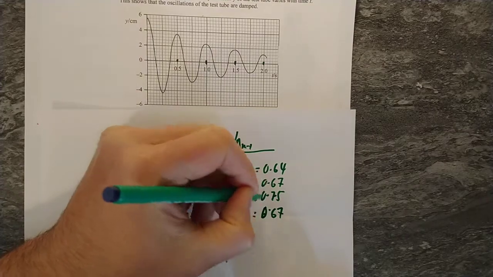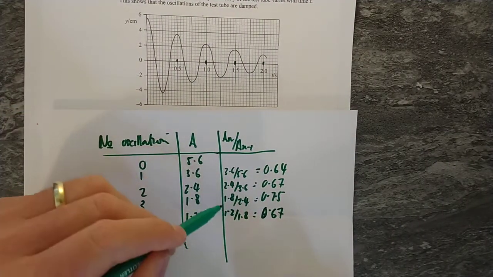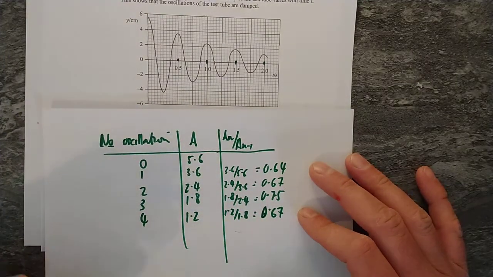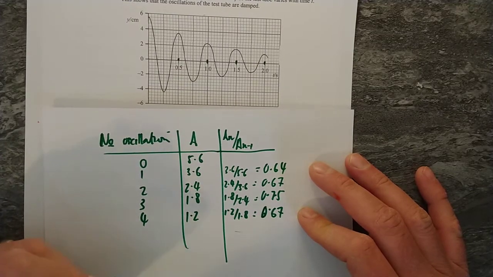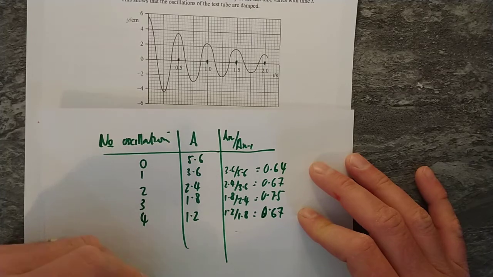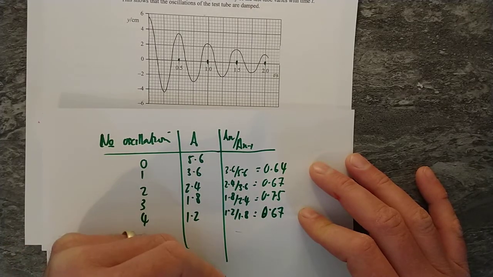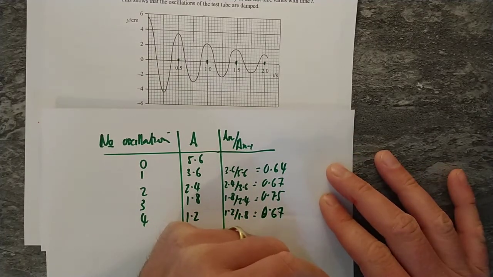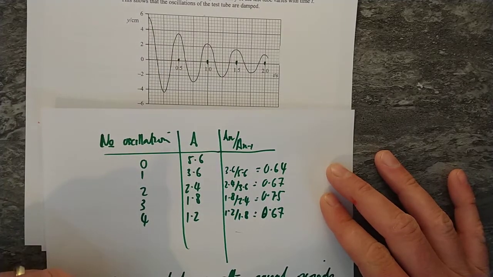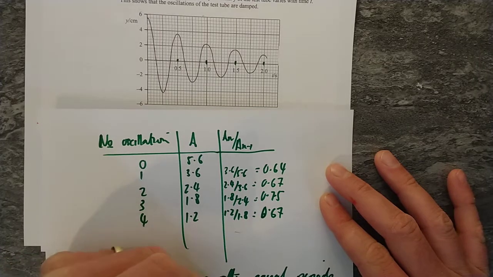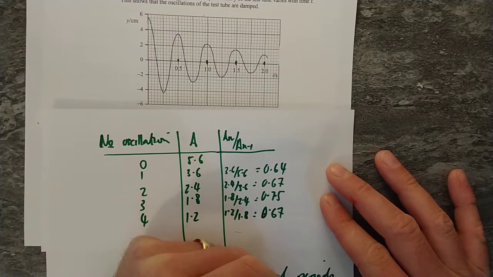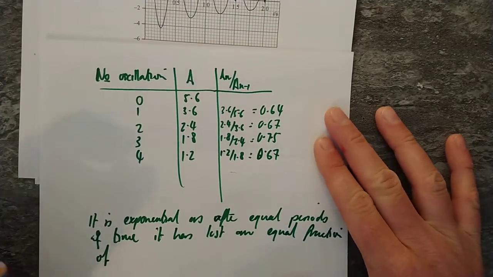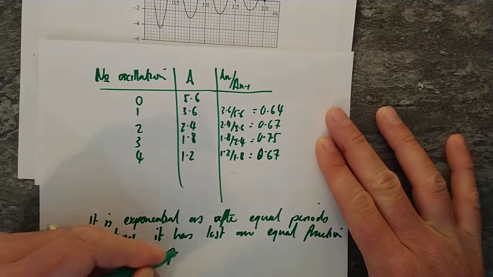No. This one seems a little bit of an anomaly, but since I wasn't reading the graph that accurately, I think we could say it is exponential, because we would write: it is exponential as after equal periods of time it has lost an equal fraction of its amplitude.